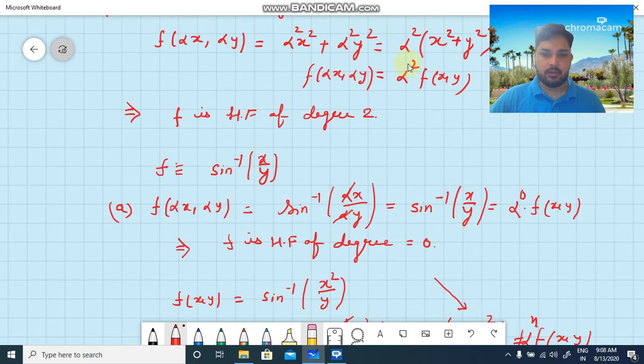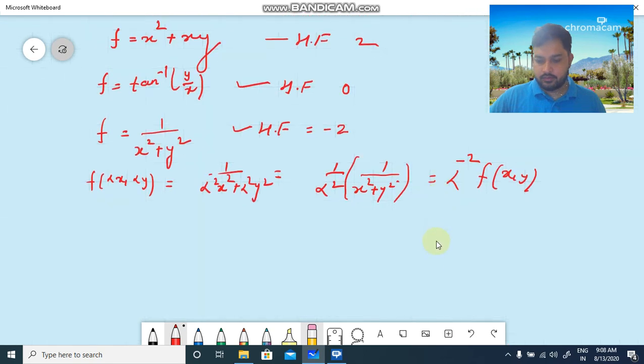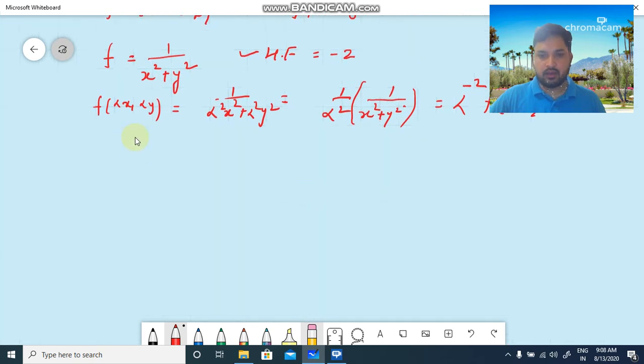So from here we understand what a homogeneous function is and how we can prove whether the given function is homogeneous or not. Similarly, we can generalize this concept for an n variable function.